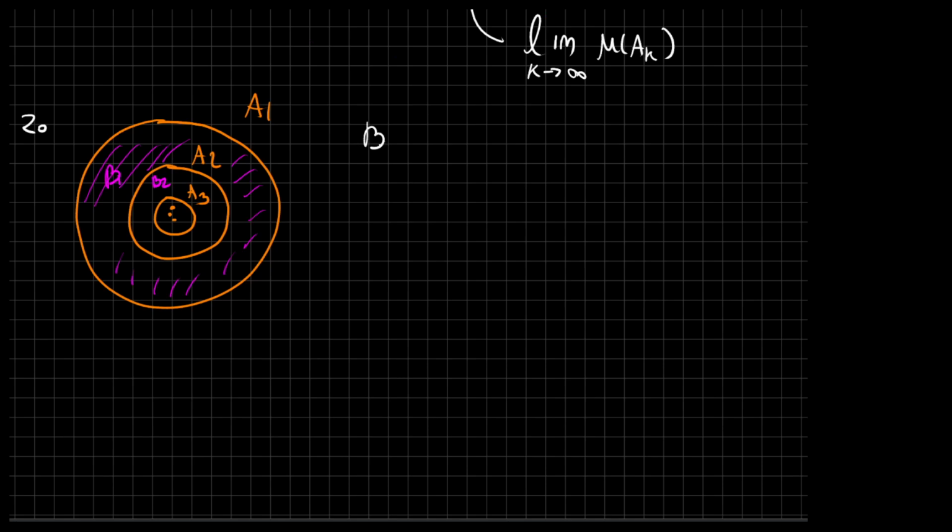So V1 will be equal to A1 minus A2, and V2 will be equal to A2 minus A3. So in general, Vk will be equal to Ak minus A(k+1).